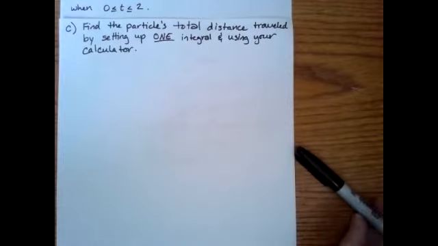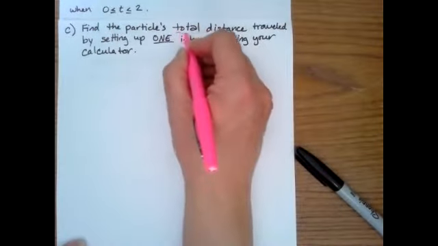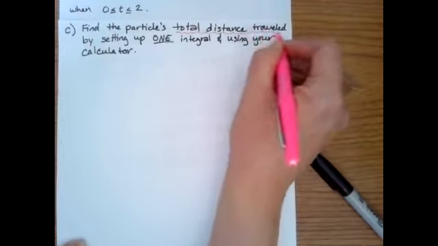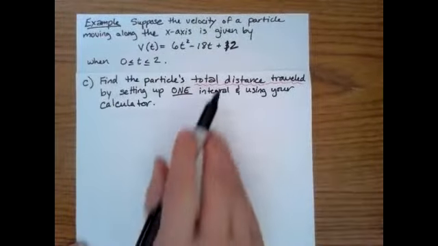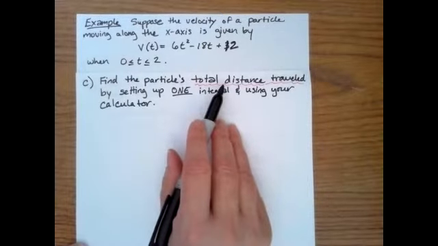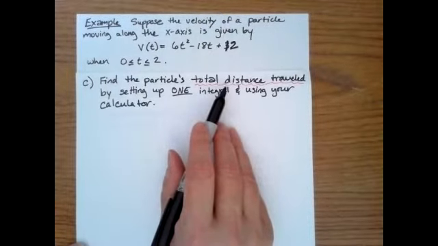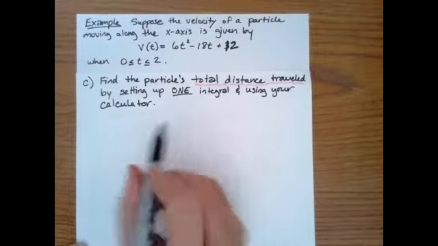Okay, part C is a very important distinction, not displacement this time, total distance traveled. For that, you need to integrate speed. Total distance traveled is the integral of speed.